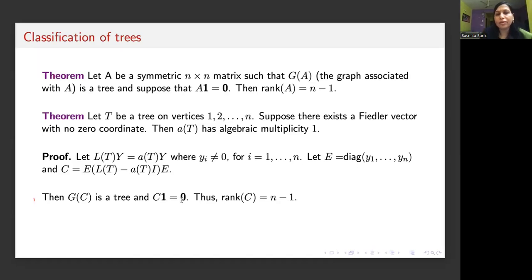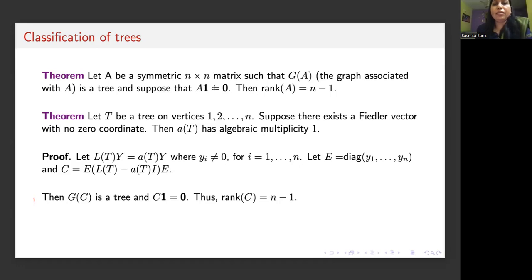So C into 1 will be 0, because this part into 1 is 0. And this part into 1 again gives 0, because E into 1 is the vector y, which is orthogonal to 1. y inner product 1 is 0. So you get that C1 is 0.